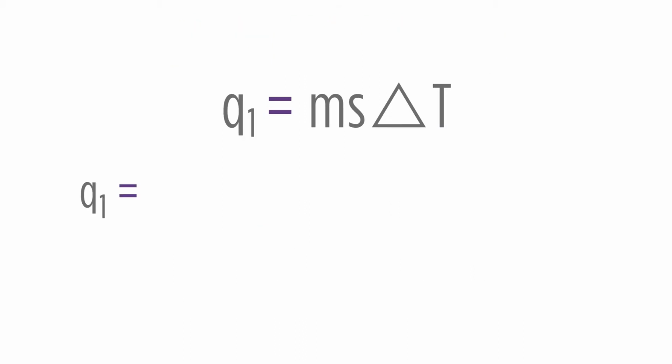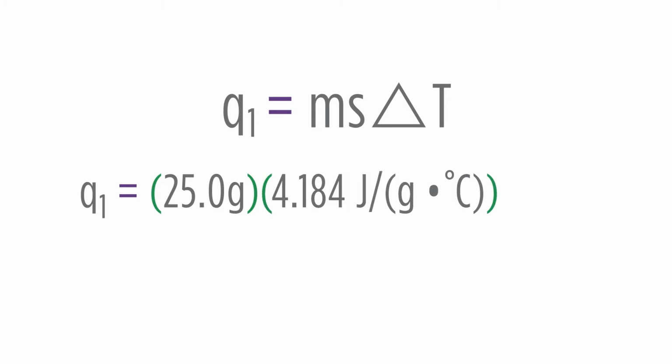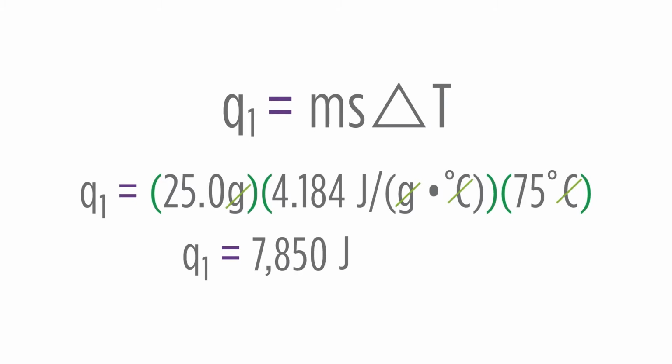Plug those in for our equation, and we see that Q equals 25.0 grams multiplied by 4.184 joules per gram degrees Celsius times 75 degrees Celsius. Do our mathematics, and we see that Q is equal to 7,850 joules, or 7.85 kilojoules.